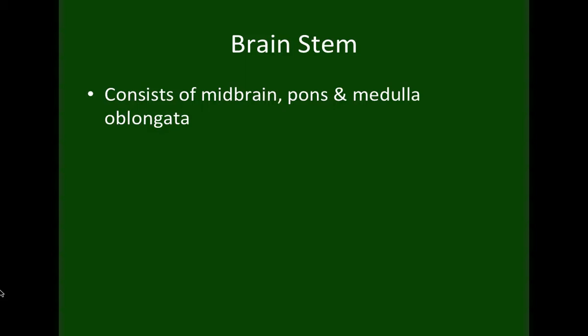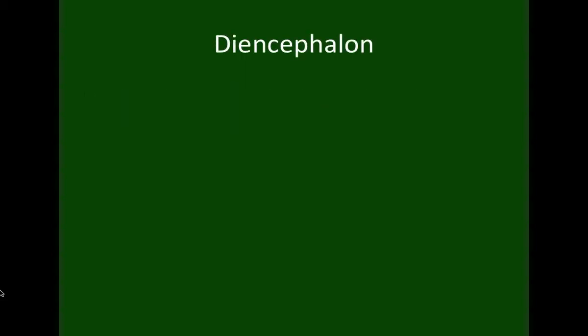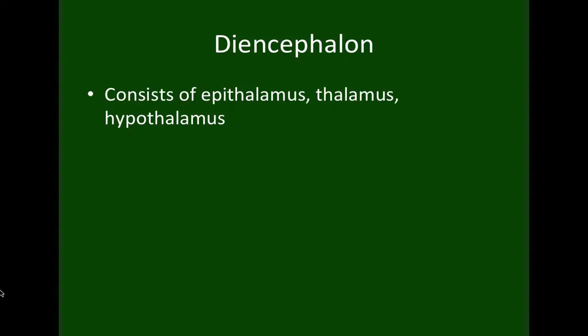So you may want to mark those somehow on your chart so that you don't forget that. The other one that you probably saw in the book is referred to as the diencephalon. The diencephalon is the epithalamus, the thalamus, and the hypothalamus. Keep in mind that that prefix epi means above, so the epithalamus is above the thalamus, and hypo means low or below, so it is below the thalamus.